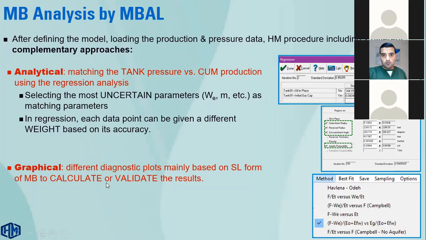The second approach is the graphical approach, plotting different diagnostic plots based on the straight line form of material balance, used to calculate or validate the results of the analytical approach.